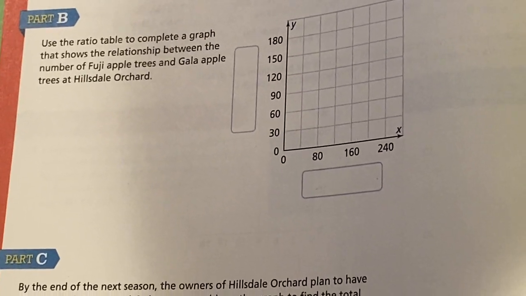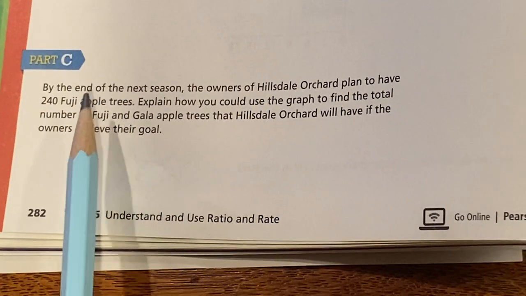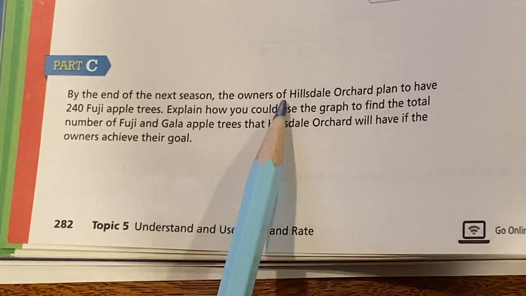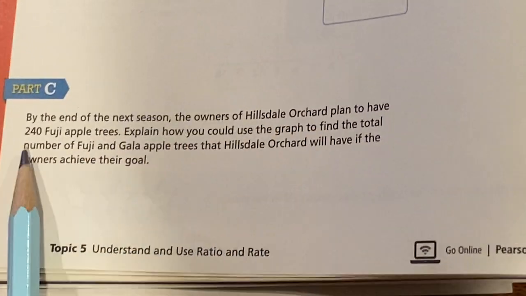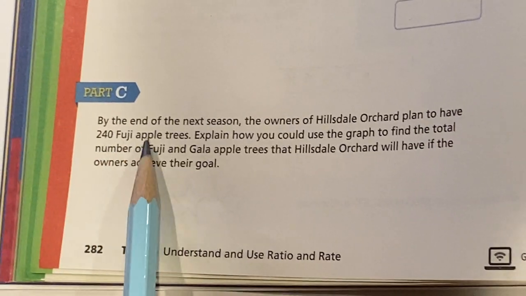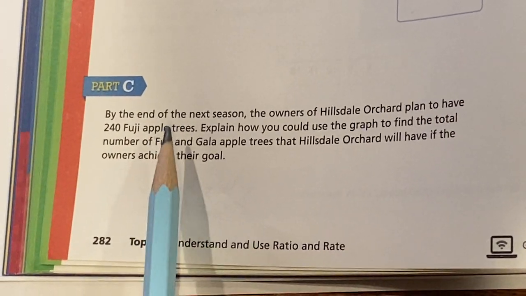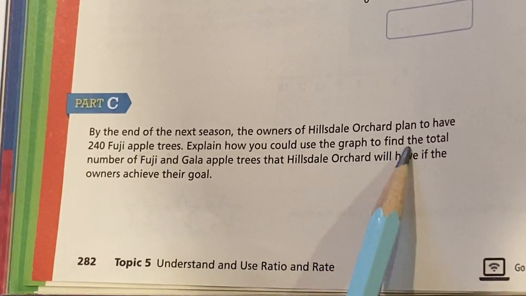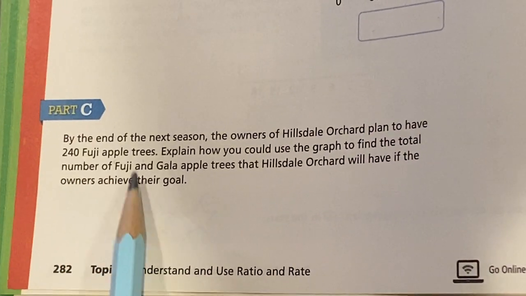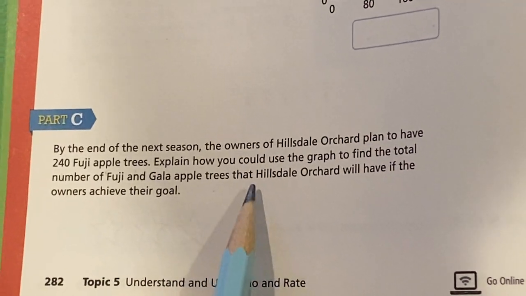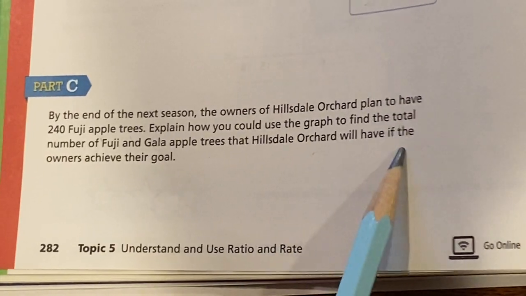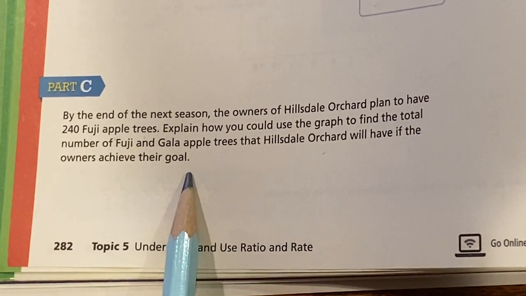And finally, part C, by the end of the next season, the owners of Hillsdale Orchard plan to have 240 Fuji apple trees. So, how could you use the graph to find the total number of Fuji and Gala apple trees that Hillsdale Orchard will have if the owners achieve their goal?